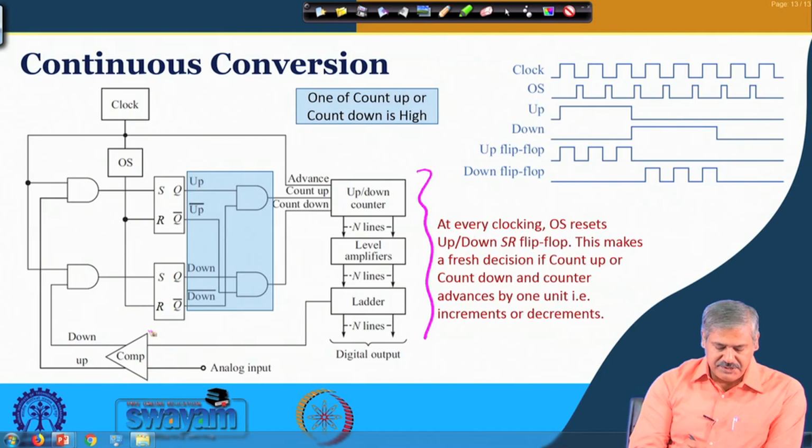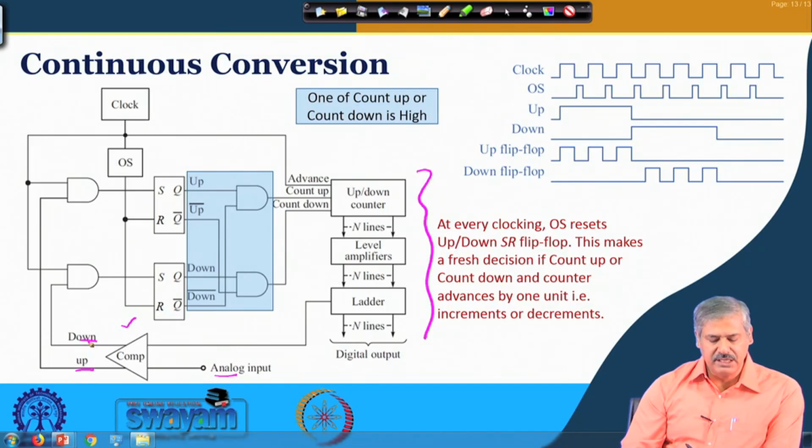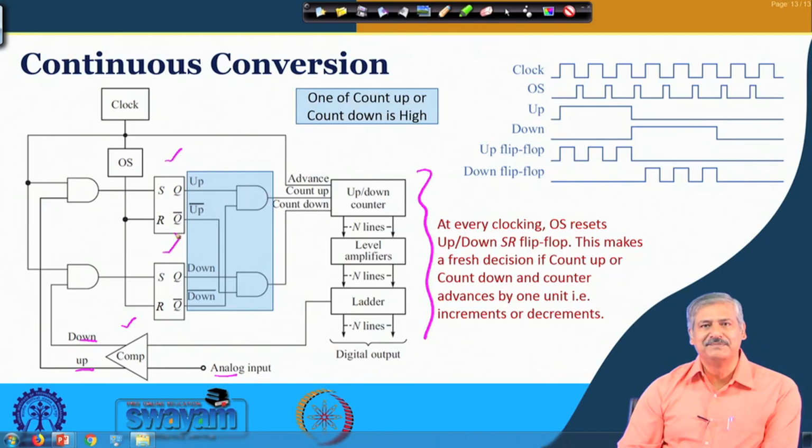Now, this is the comparator. So, depending on the value, whether this analog input value is more or less, we are getting 0 or 1. So, we can convert it to up or down. Okay. So, up means the counter needs to be increased, and down means the counter needs to be decreased. And this is now going to these control flip flops.